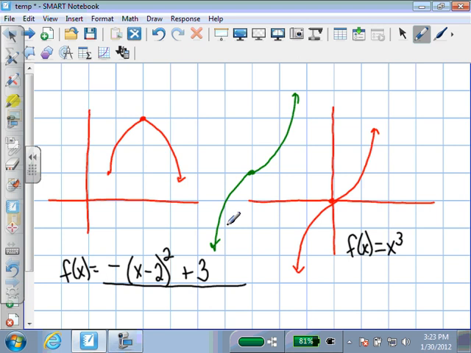Okay. So it's still x cubed, but now it went 1, 2, 3 to the left and up 1. Okay, 3 to the left, maybe x plus 3, and up 1, maybe plus 1.